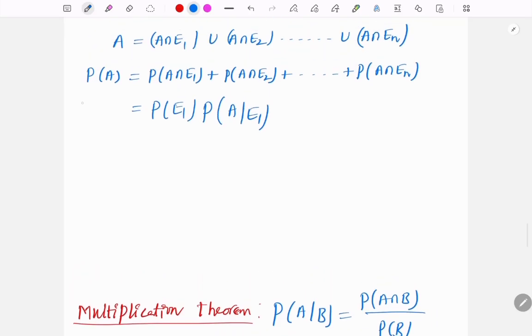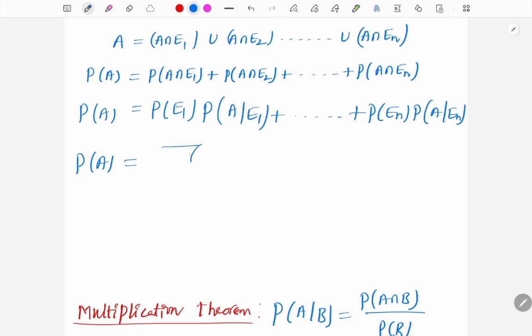As well as going by the next one, it is P of A. If I go by like this, the final answer, what will we get? Probability of En into P of A given En. So how to write this one? In a simple manner, summation i varying from 1 to n, probability of Ei into P of A given Ei.